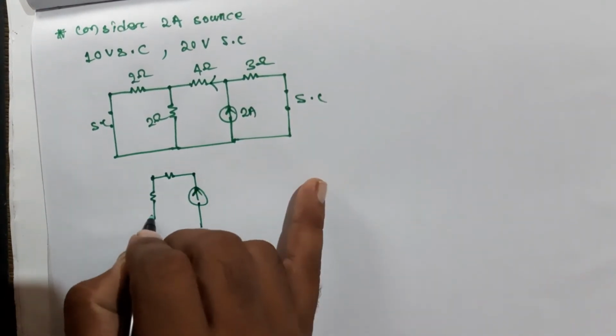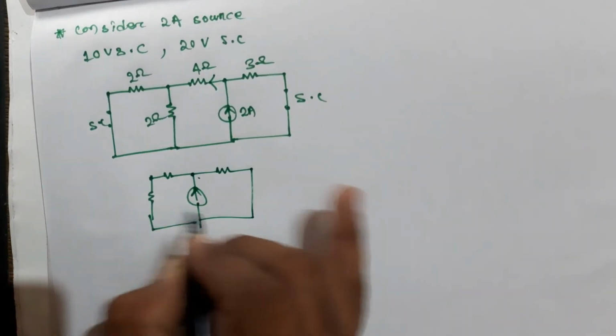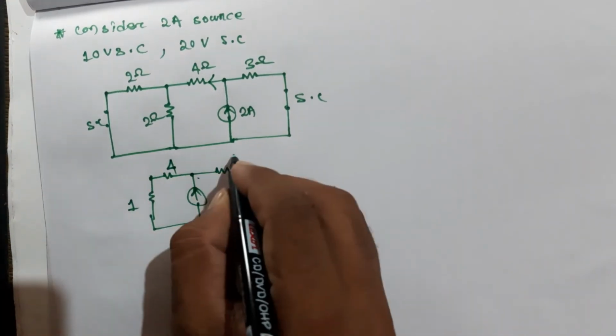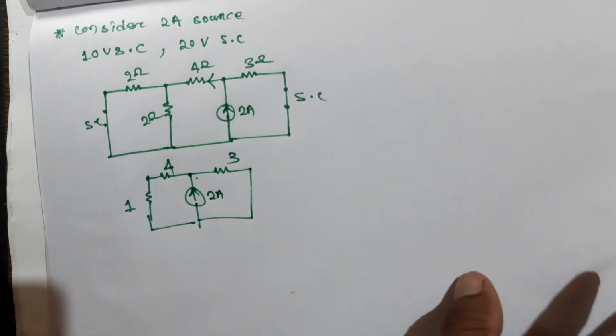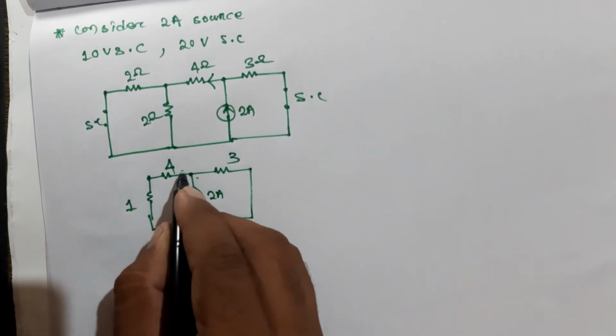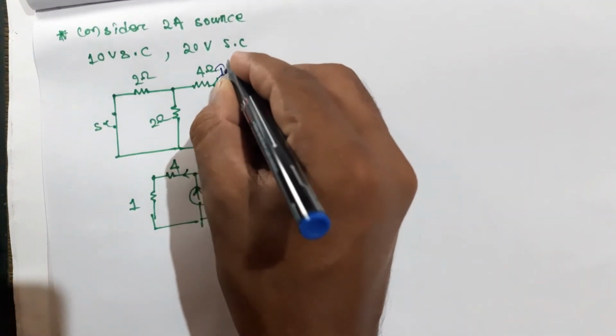These two are parallel, so this is 1 ohm, this is 4 ohm, this is 3 ohm, this is 2 ampere, this is 5. Here you can apply the current division rule. For finding, let the name be IA triple dash.